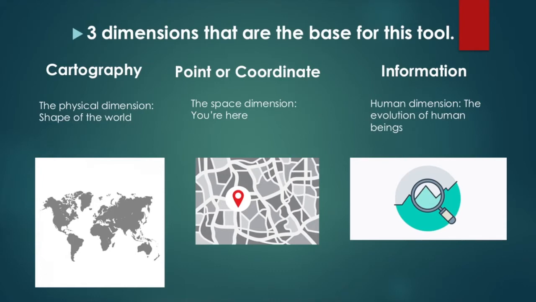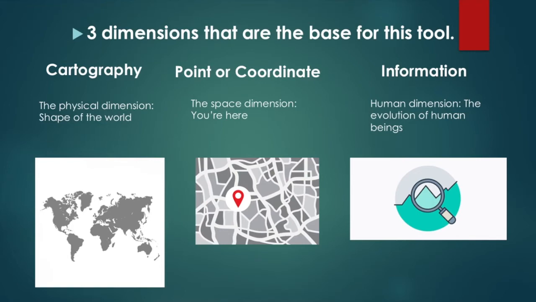So I like to think there are three dimensions to a geographical information system. The first one is cartography. It's the shape of the world, it's a physical dimension, it's an imaginary representation of our Earth. The second one is the point, the coordinate. It's a spatial dimension.